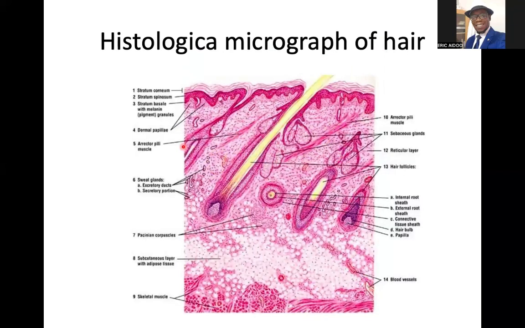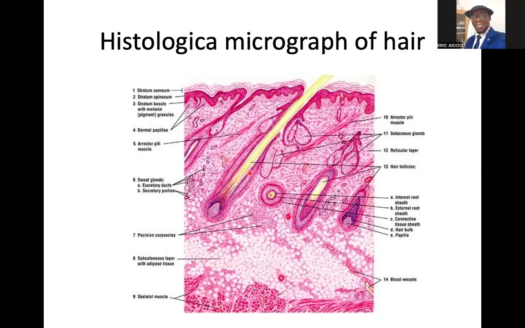Histologically, the micrographs that you see for the skin showing hair follicles will look like this. So that is the hair follicle there. That is the base where the dermal papilla was shown earlier on.